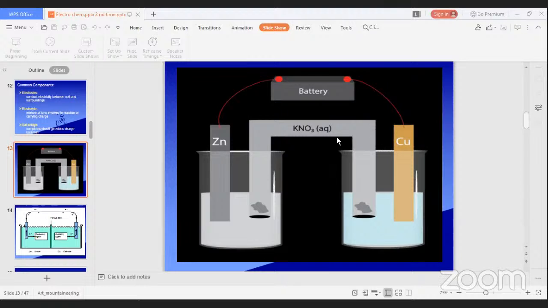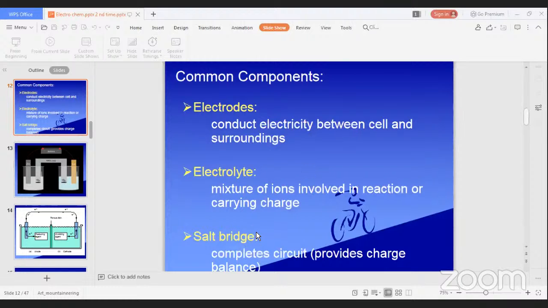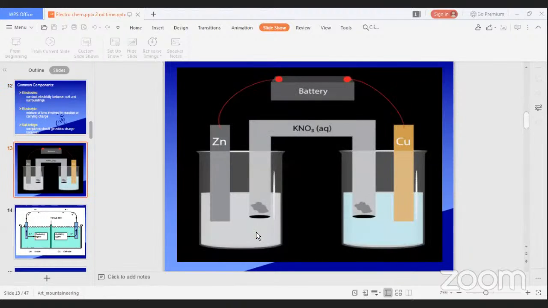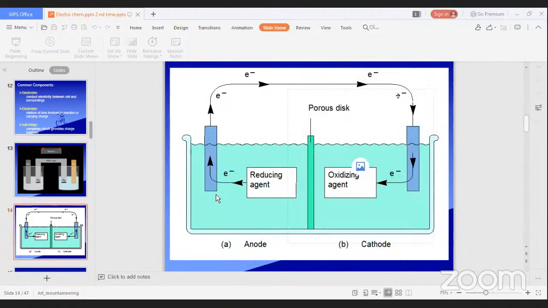The potassium nitrate is used in an inverted U-type shape. So the salt bridge is used for electrical neutrality in both the electrolytes. These are the common terms used in the electrochemical cell as well as the electrolytic cell.